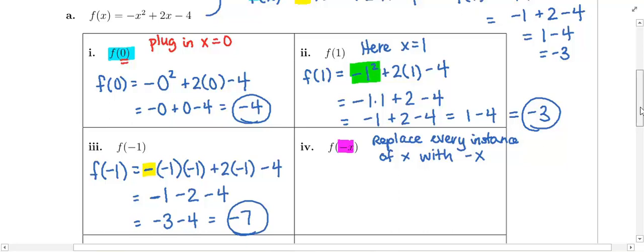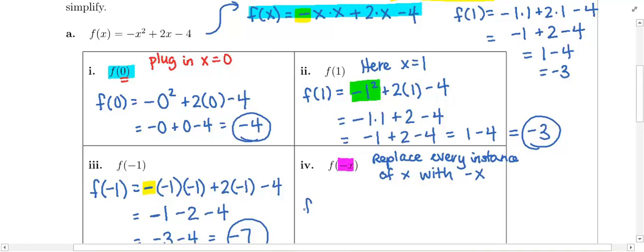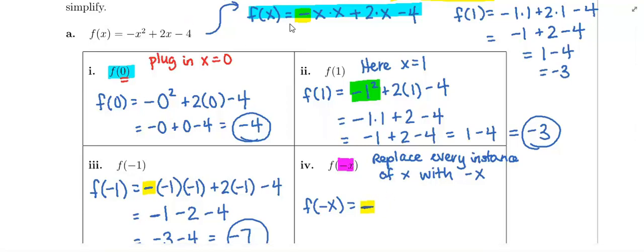Okay, let's do it. We are calculating f of negative x. Again, to better handle these exponents, I'm going to use the broken down version of the function that I have in blue. Again, that negative sign that's in yellow is just hanging out front. Now I'm going to multiply that by x.